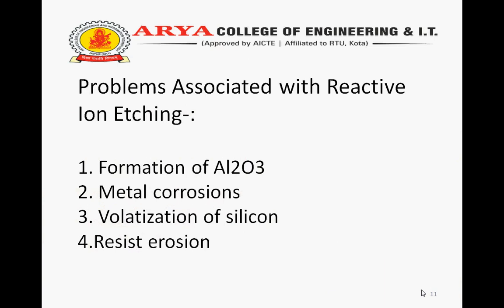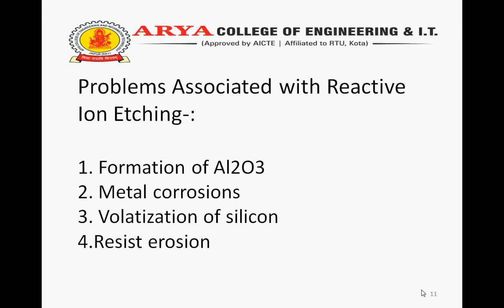Problems associated with reactive ion etching. First is formation of Al2O3. Aluminum is easily oxidized to form Al2O3, which results in a lowering of the etch rate. To avoid this problem, a short sputter etch in Ar or an appropriate chemical RIE can be used before beginning the Cl based RIE.